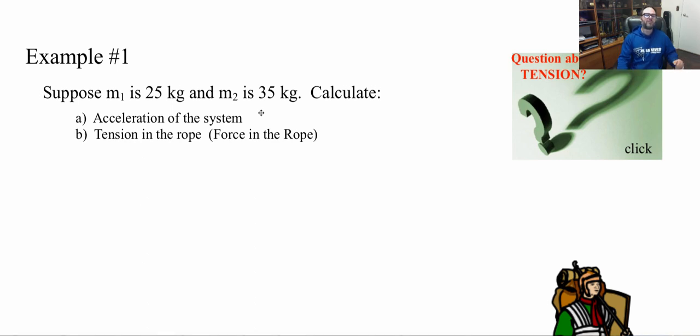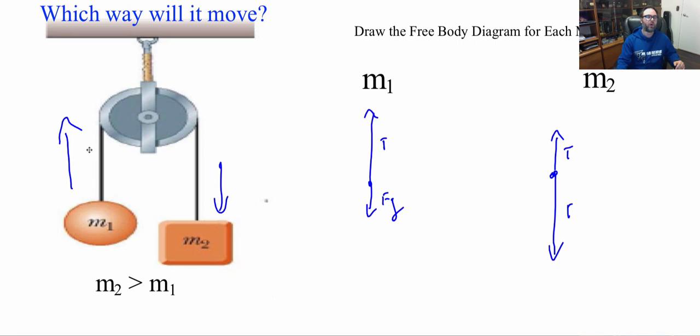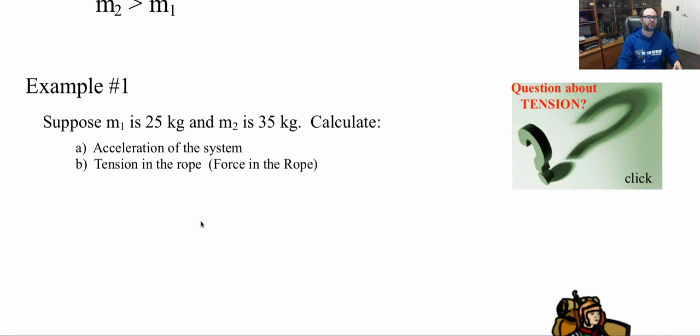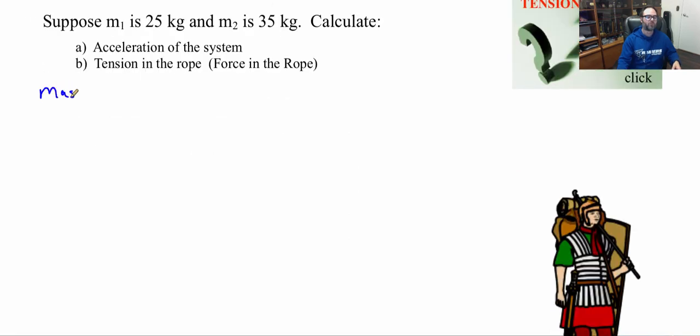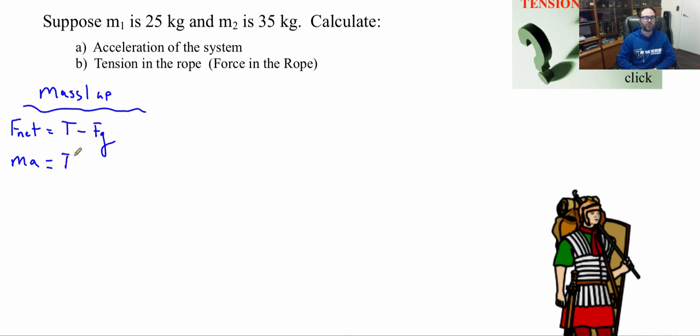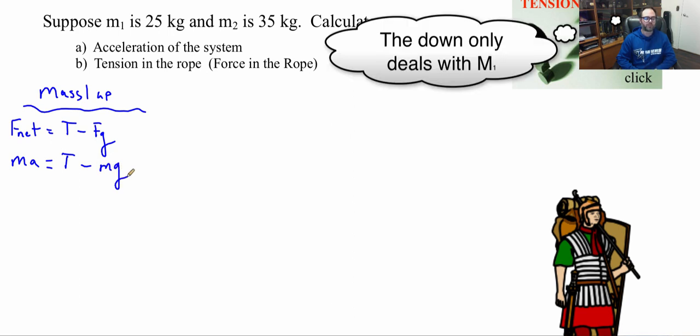So I'm going to break this down into two parts. We're going to look at mass 1, which goes up, and then a second part, which is mass 2, that goes down. So for mass 1, which moves up, we know the net force on mass 1 is going to be equal to the tension minus my weight, or my force of gravity. In other words, mass 1 multiplied by its acceleration is equal to my tension in the rope, minus the mass of mass 1 multiplied by gravity.